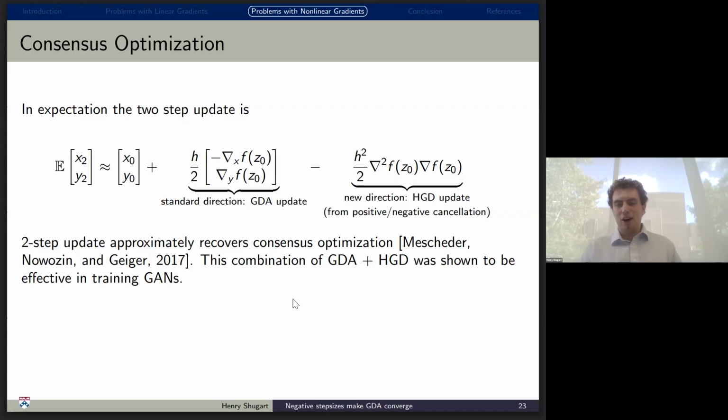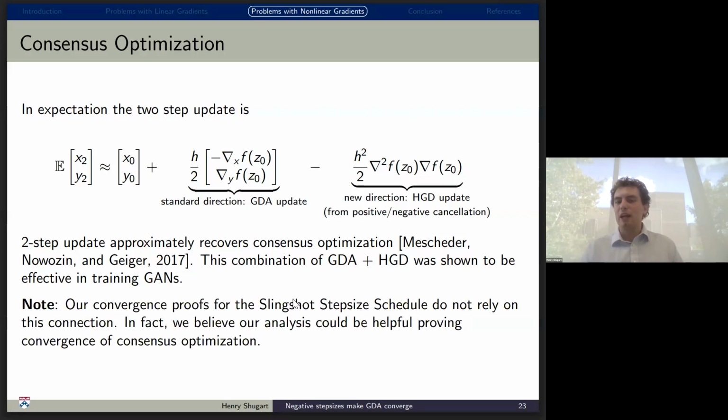This is a previously proposed algorithm called consensus optimization, and it was shown to be extremely effective in optimizing GANs, where GDA and HGD are both kind of lackluster in terms of empirical results. Here it's interesting to see that the slingshot step size schedule recovers approximately this consensus optimization update.